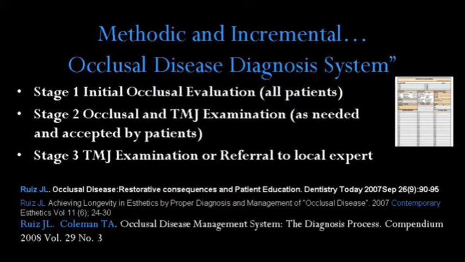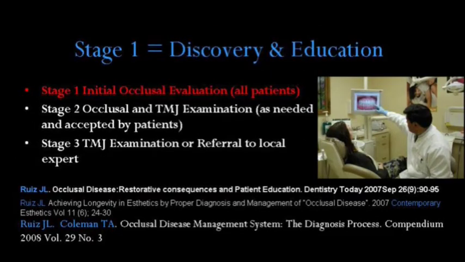It also allows for simple diagnosis, and then for education of our patients, because most of our patients do not even know what occlusal disease is. So the first stage of the occlusal disease diagnosis system is to do a discovery on every single one of our patients. In other words, do an occlusal diagnosis that will allow us to find out if the patient actually has occlusal disease.